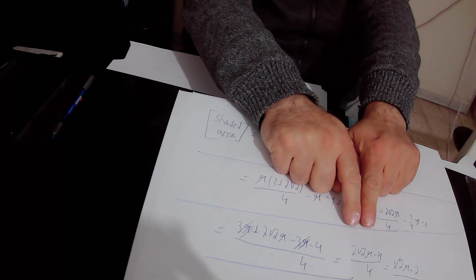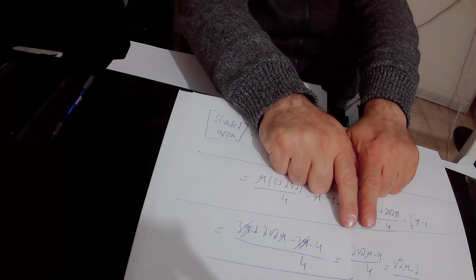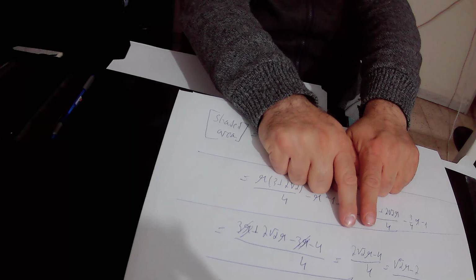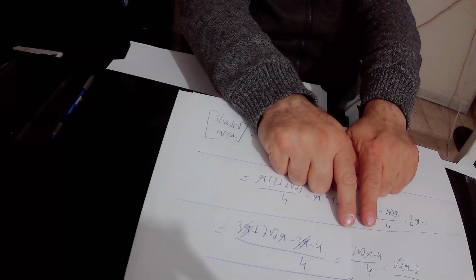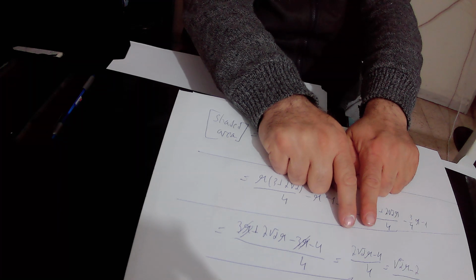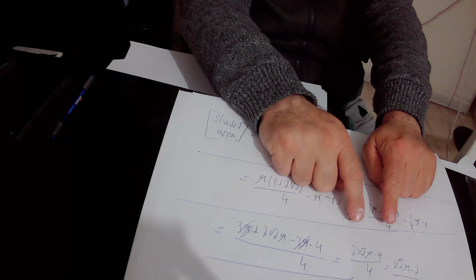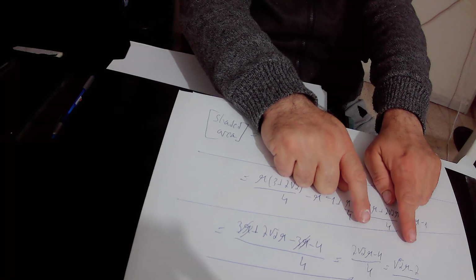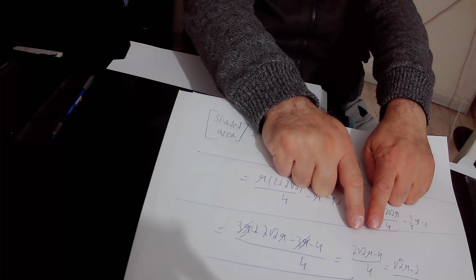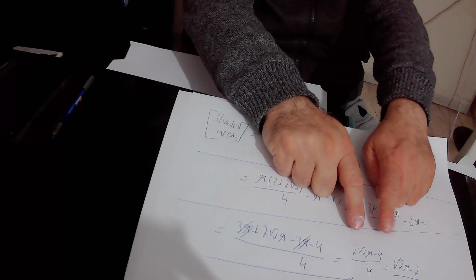Here we divided both the numerator and the denominator of this expression by 2 and found out that 2 times square root of 2 times pi over 2 is square root of 2 times pi, and minus 4 over 2 is minus 2, and we have to divide the denominator 4 also by 2. 4 over 2 is 2.